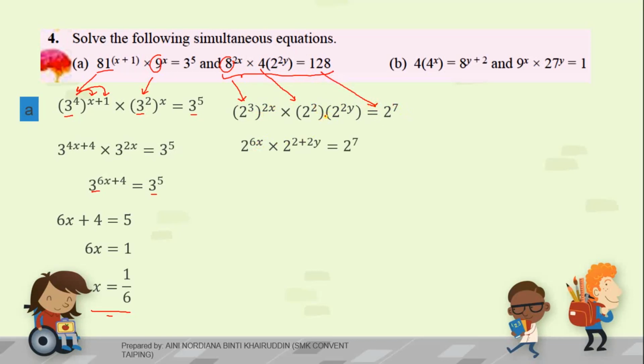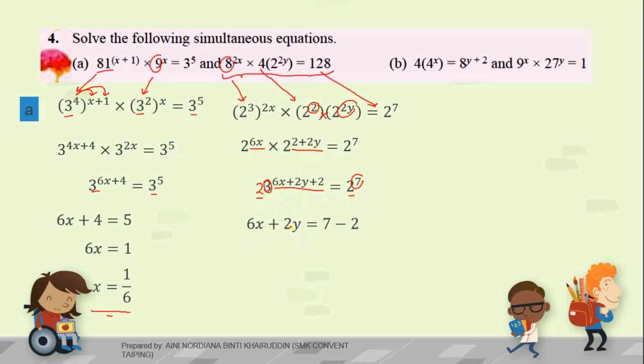This one is multiplication, so we just add the power or the index. So 2 plus 2y equals 2 to the power of 7. Next, 6x plus 2 plus 2y. Sorry, here should be 2. So this is the same base, so the index also same.